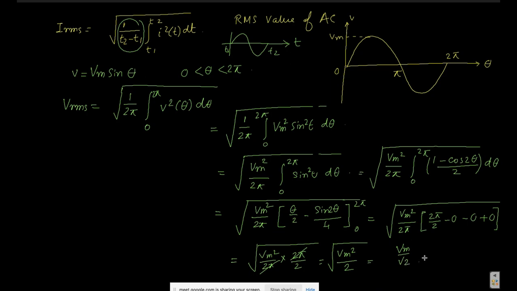If you take Vm as 1, that is the maximum value, because sin theta is maximum when it is 1. So it is 1 by root 2 of Vm, that is 0.707 Vm. This is the exact calculation of the RMS value.